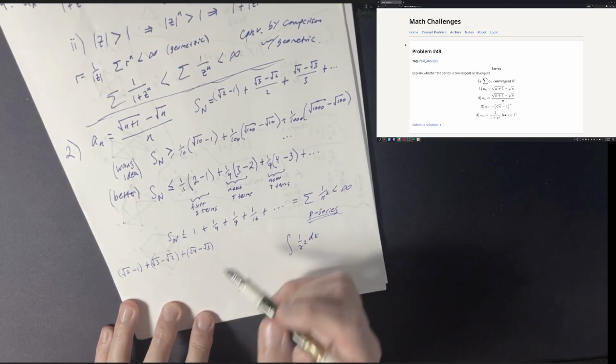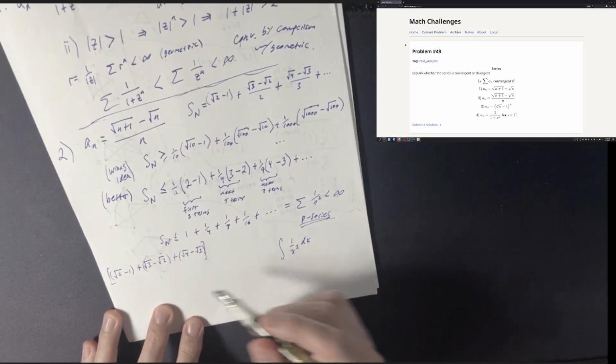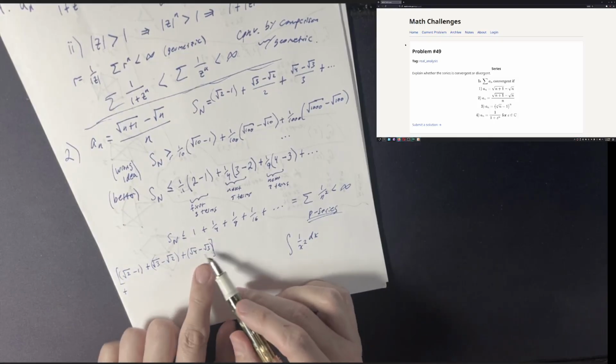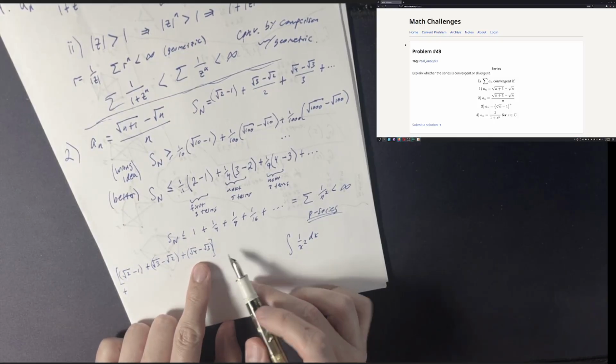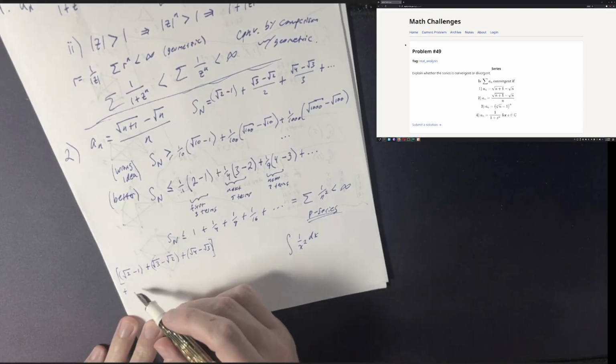So I'm saying we'll do 1 times these, and then the next term would have been a quarter of root 5 minus root 4.